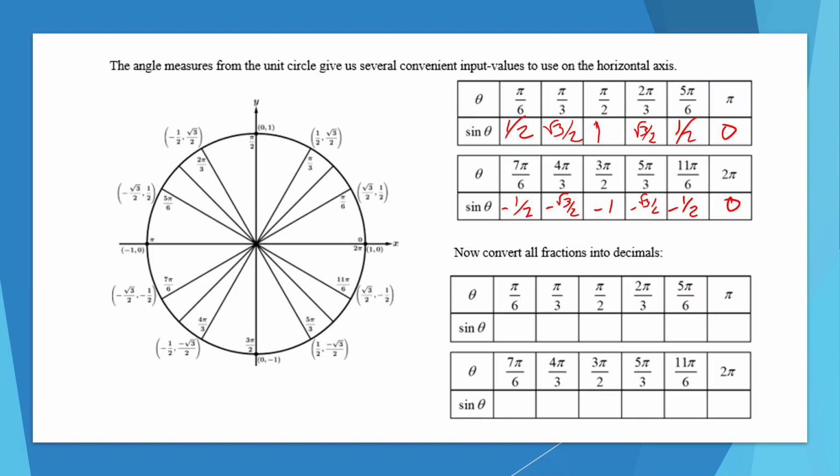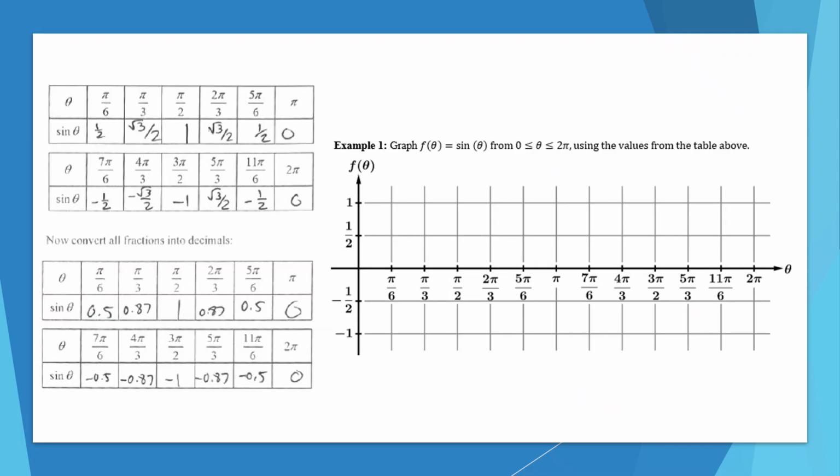And now converting these to decimals, you would use a calculator for this part: 0, 0.5, 0.87, 1, 0.87, 0.5, 0, and then negative 0.5, because it's negative now, negative 0.87, negative 1, negative 0.87, negative 0.5. And so let's actually graph that now.